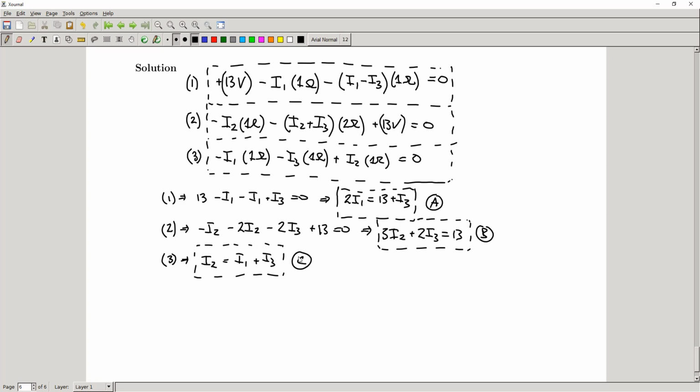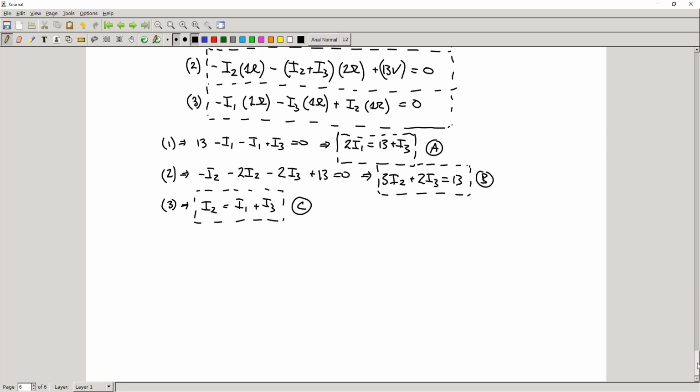Now we have these 3 equations. It's not immediately super obvious how we're going to solve for them, but really in the end you just have to substitute them into one another until you end up with a solution that you're looking for. This may not be the cleanest way to do this. This is just a brute force, start throwing things together and see how it works out kind of approach. So let's start off with C. I'm going to solve C for, say, I1.